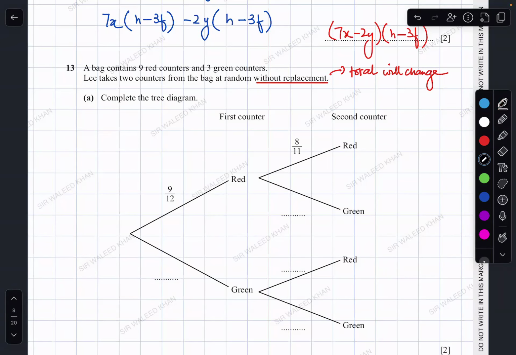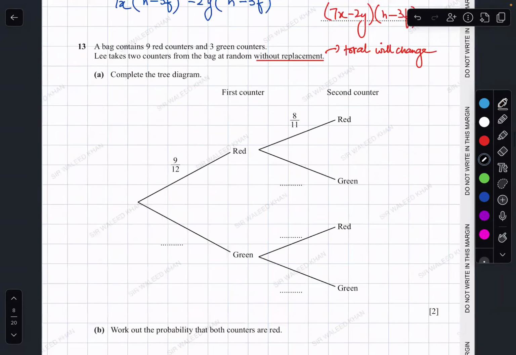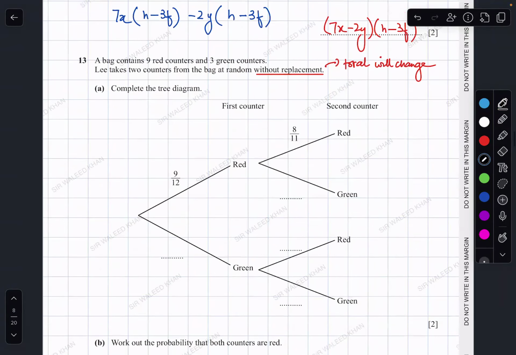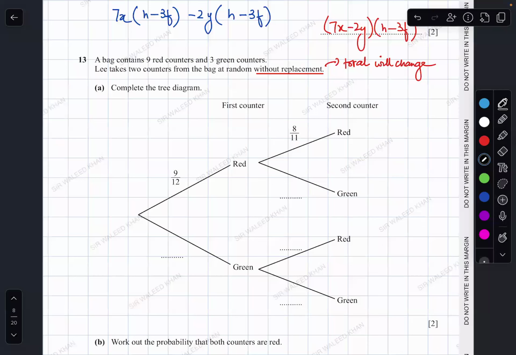So it's better to make a list. This is a simple tree diagram, but you might face a tree diagram with variables, right? So always make a list to minimize the errors.